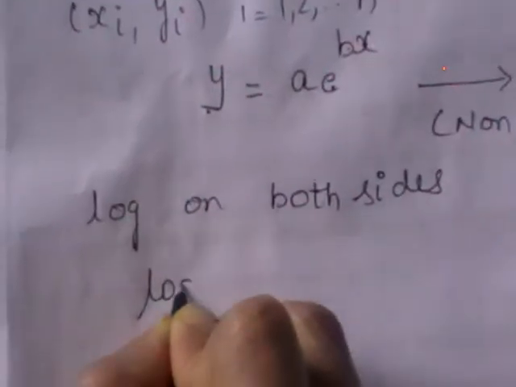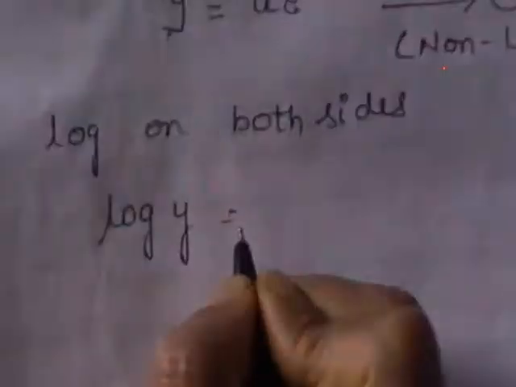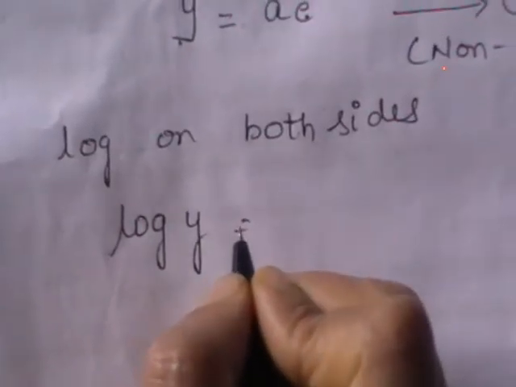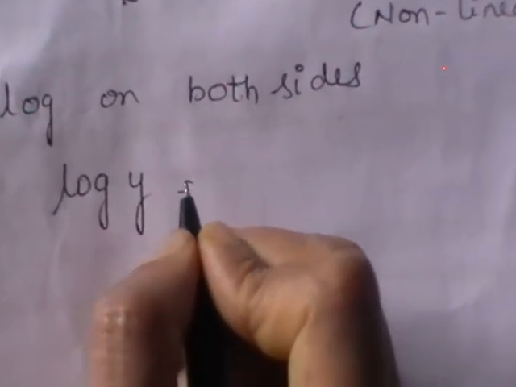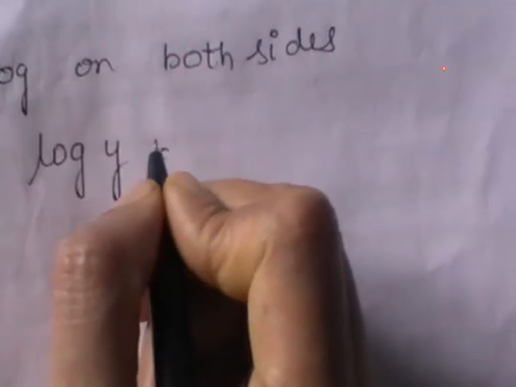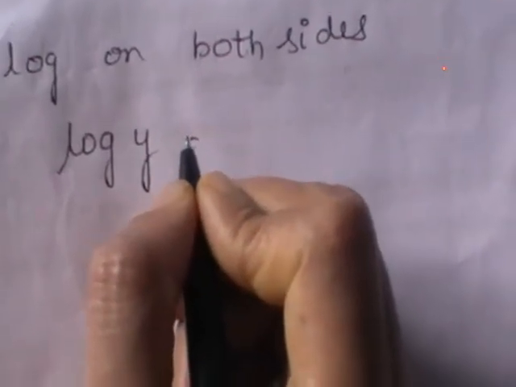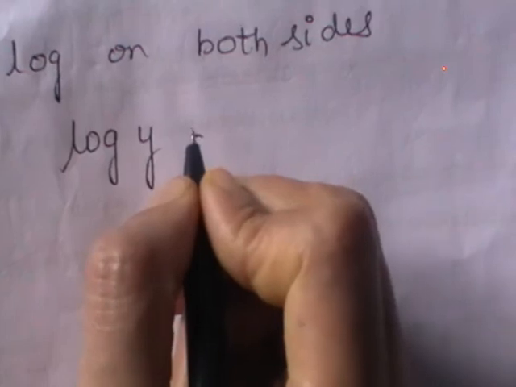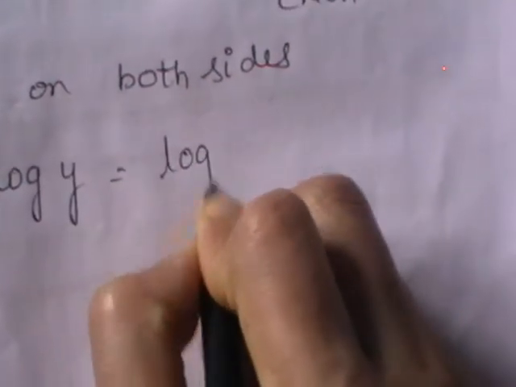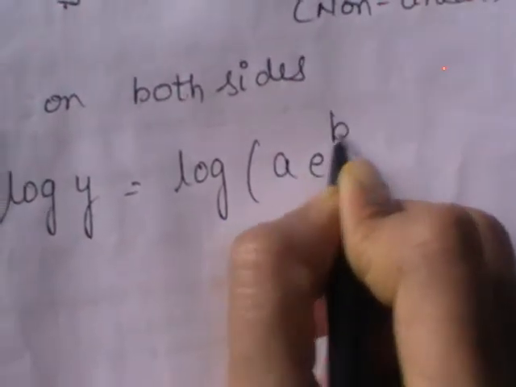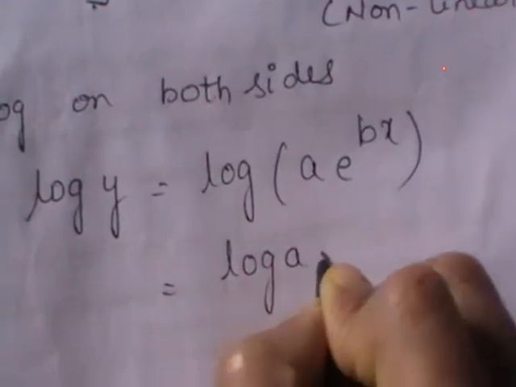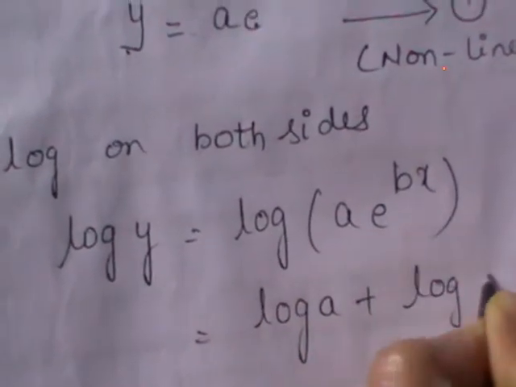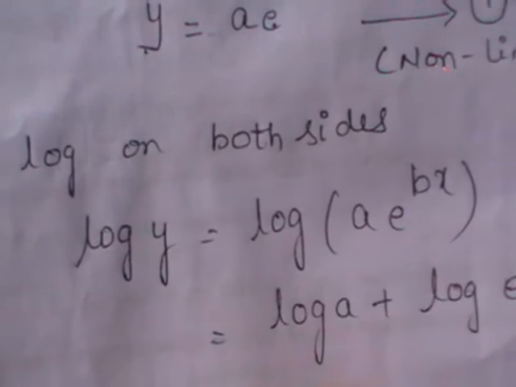Unlike the previous curves, you cannot directly write the error sum of squares and minimize it. You should convert non-linear into linear by taking logarithms for these three curves. Log y is equal to log of a e power bx. So this you can write as log ab, which is log a plus log e power bx.